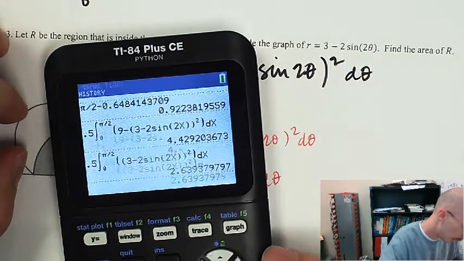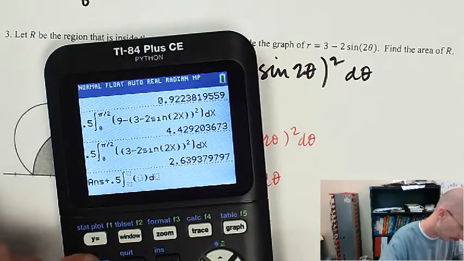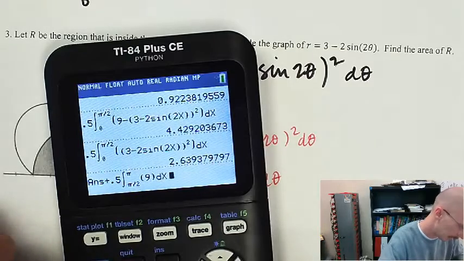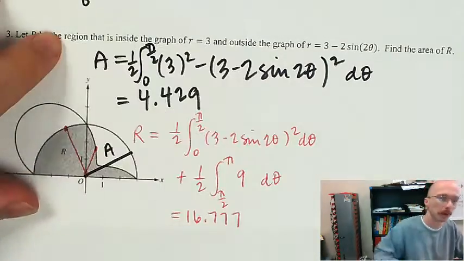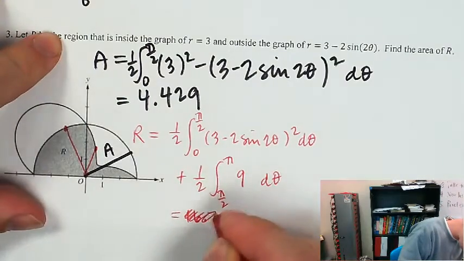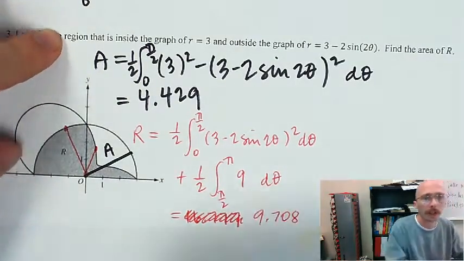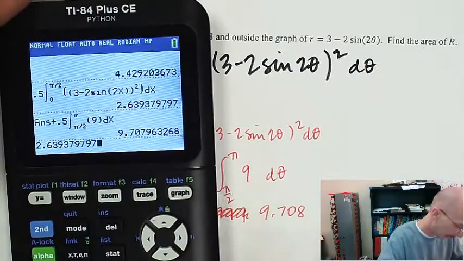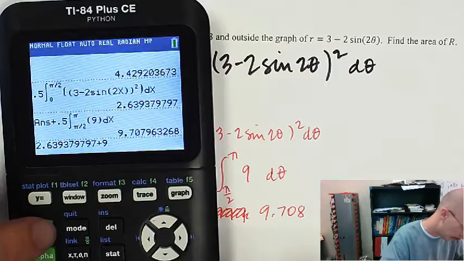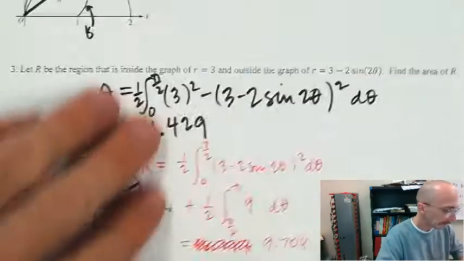Yeah, I'm going to do that and say plus half the integral from pi over 2 to pi of 9 d theta. And then I'll get that 9.708 number. Okay. I'm glad I caught that. And then again, if I was to grab this number and add 9 pi divided by 4, then I'll get the same thing. Okay, whew, that was bad.